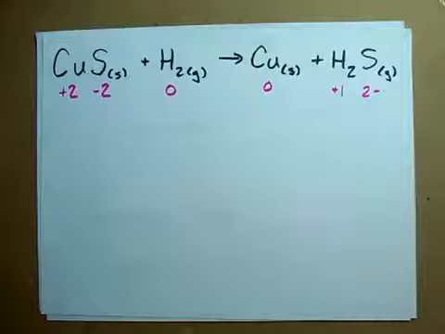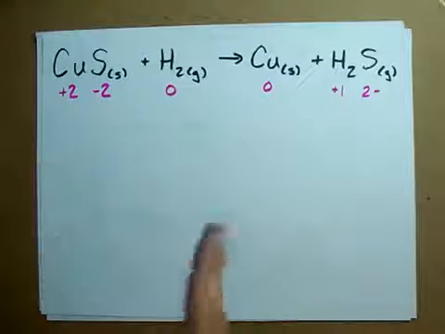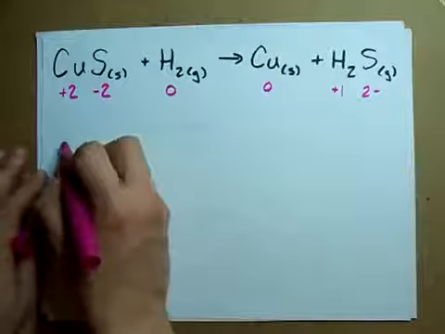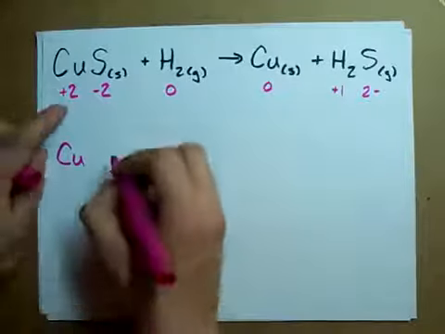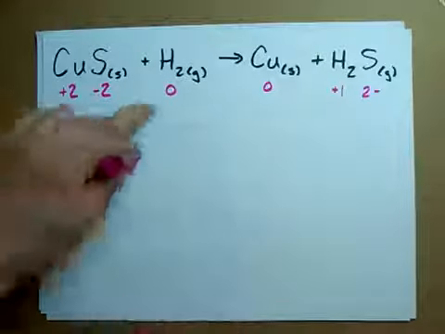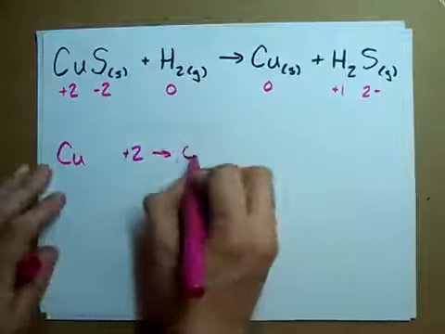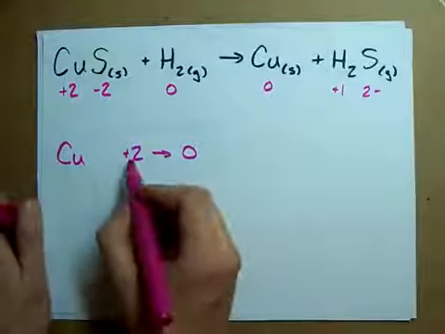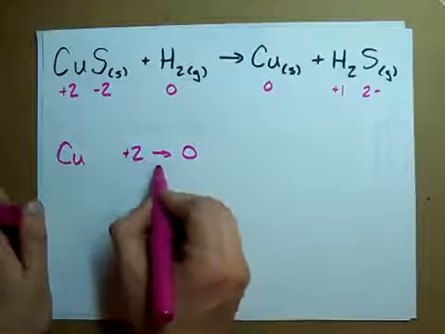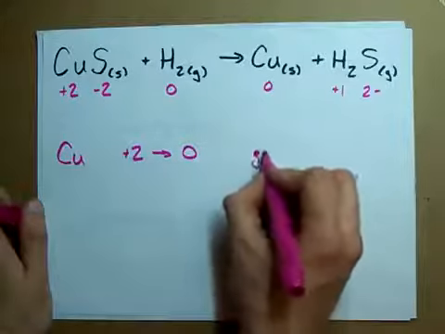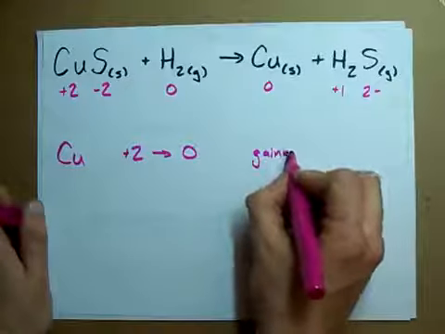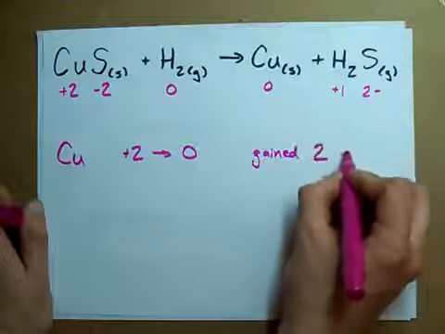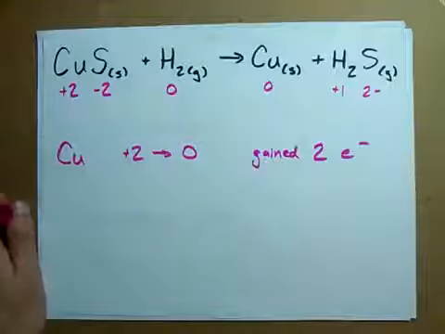So, which chemicals here had a change in charge or oxidation number? Well, I see that Cu went from a charge of +2 to a charge of 0. That seems like it's getting more negative. In order to go from +2 to 0, it had to gain 2 electrons.